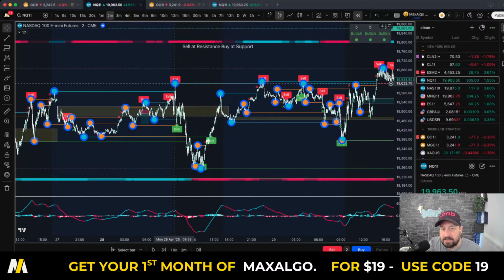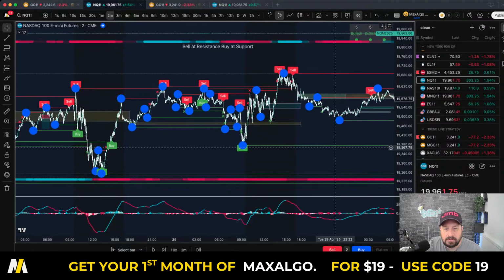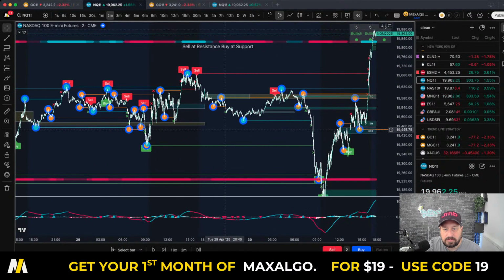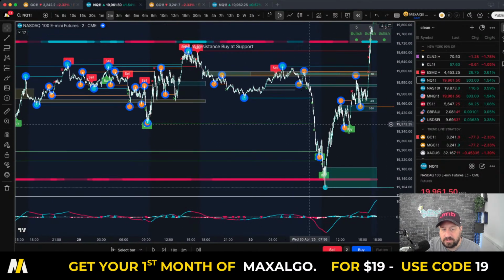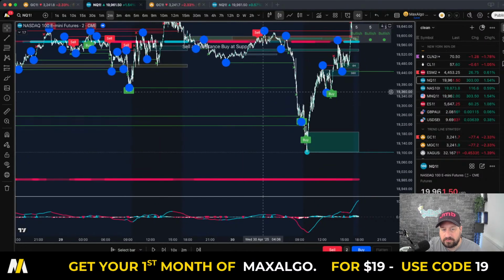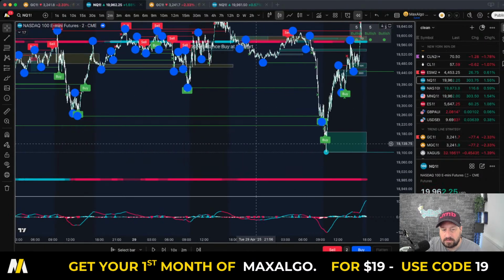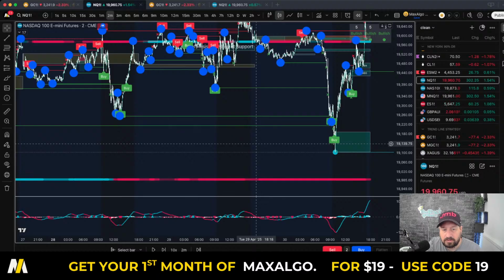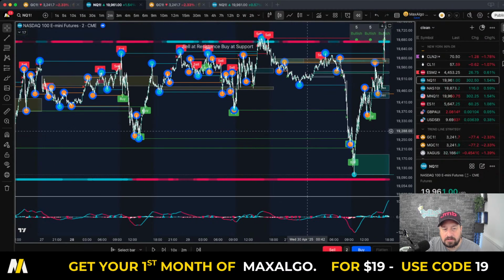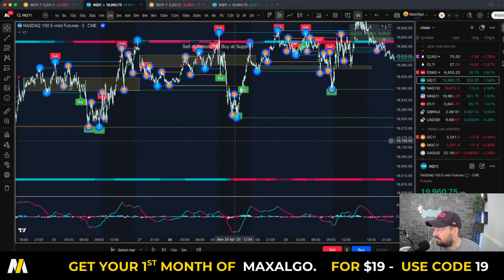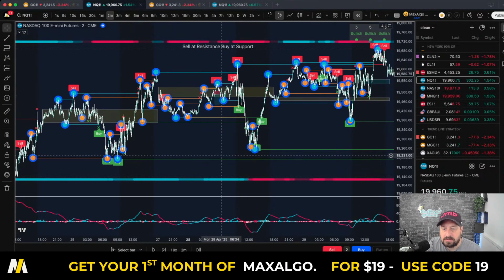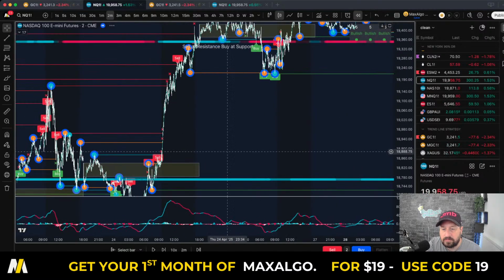Previous day high, sweep, drop. These are previous day lows, it just comes straight through it. And then when the new 4 hour starts is your reversal. So these can be some nice signals with context of what you're looking for.